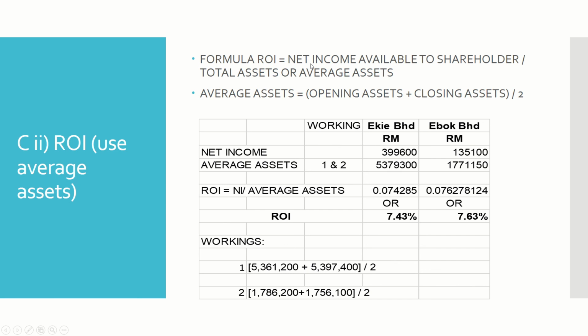ROI, the formula is net income available to shareholder divide total asset or average asset. Since in the question there is a note to use average asset, then we use the average asset instead of total asset.